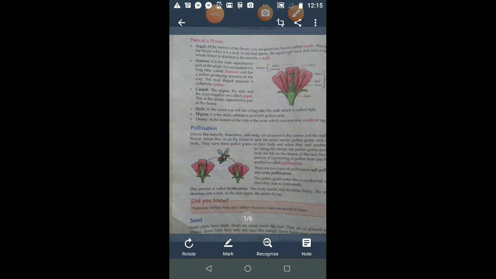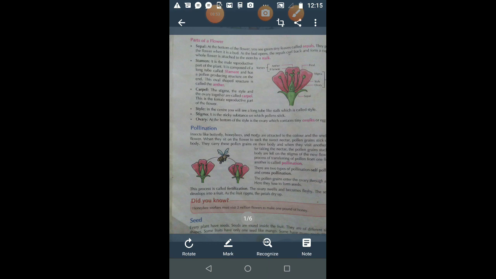Stamen is also known as a male reproductive part. What are the parts of a stamen? It consists of a filament. And how does the filament look?